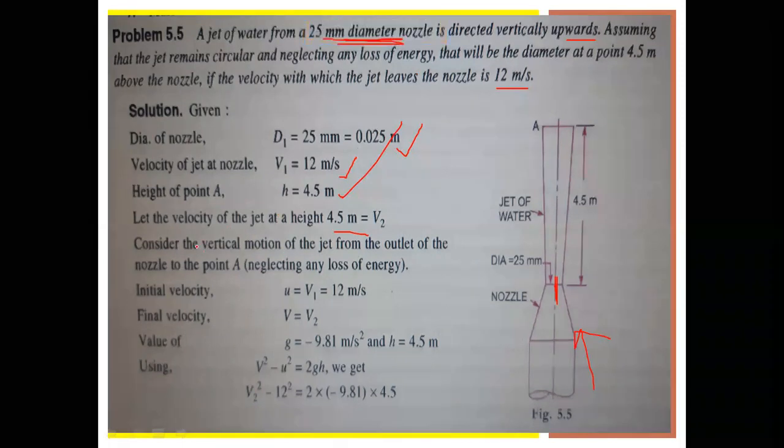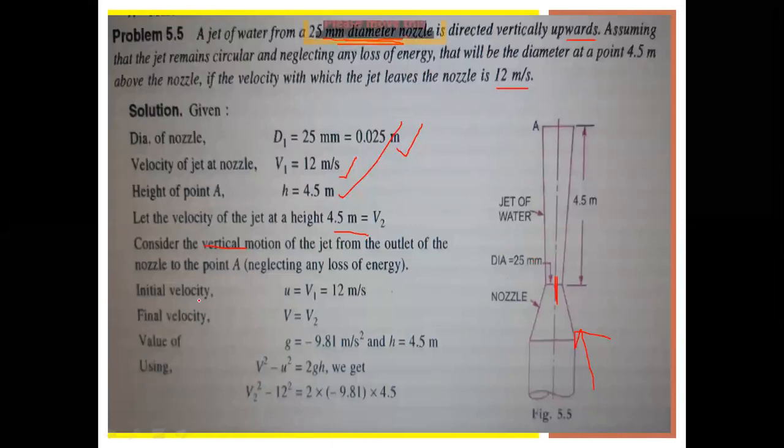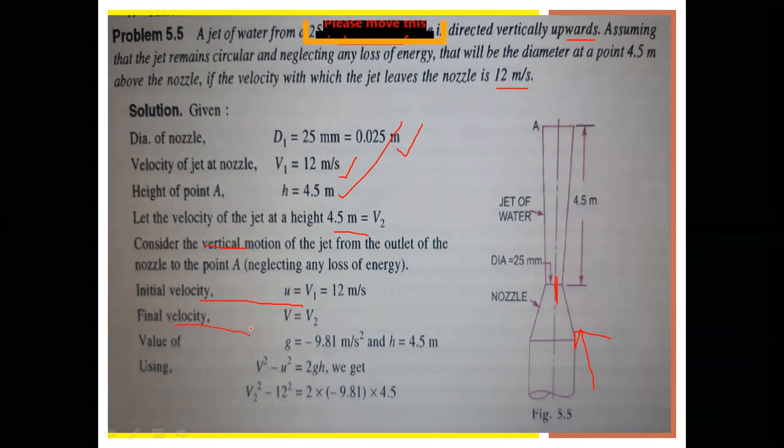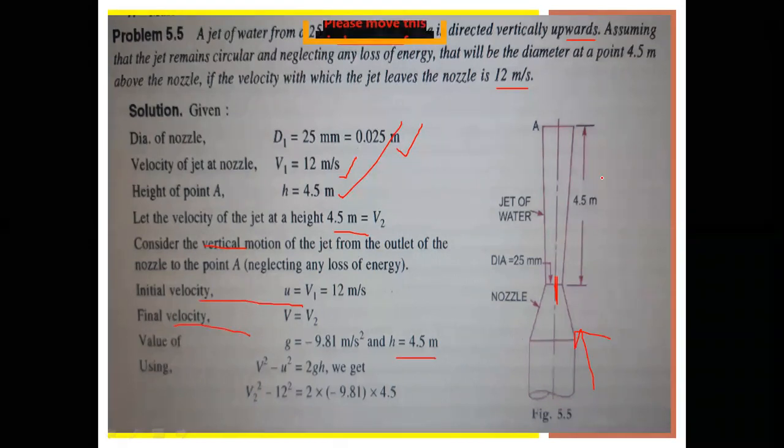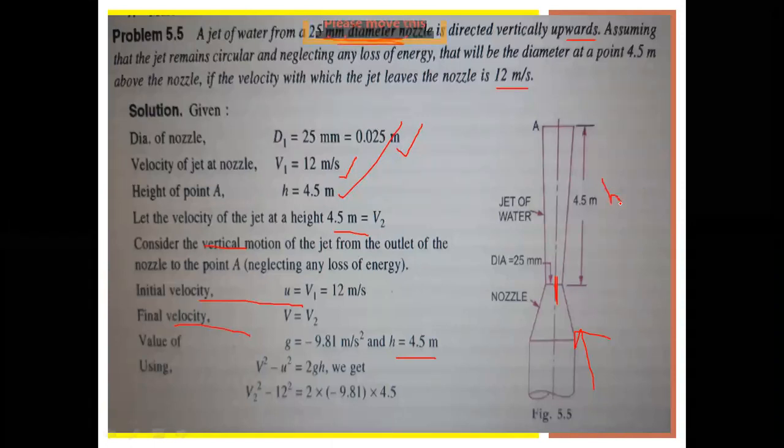If you see the vertical motion of the jet from the nozzle outlet to point A, it is going upwards. Initial velocity u equals v1 equals 12 meters per second. Final velocity is v equals v2. The value of g is minus 9.81 and h is 4.5 meters.